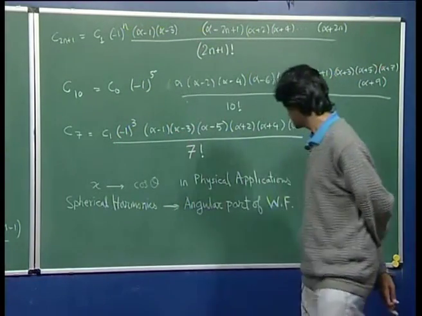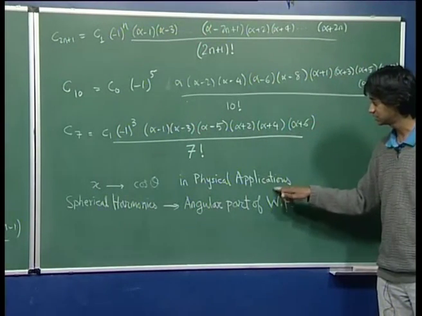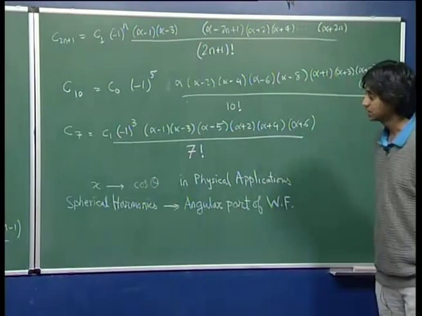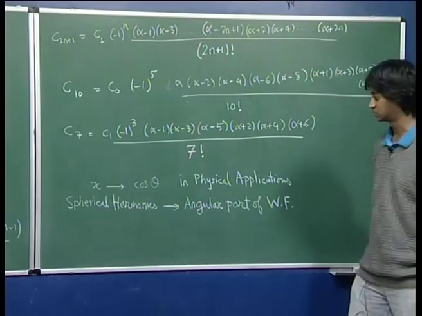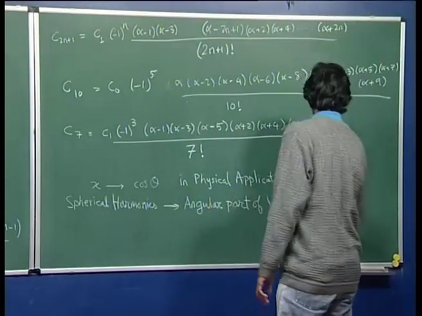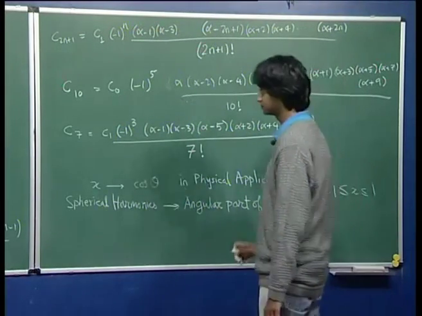Okay. Now, in physical applications, in the spherical harmonics, x corresponds to cos of theta, and so the argument x varies between -1 and +1. So, cos theta is between plus and -1. Okay. So, what this implies is -1 less than or equal to x less than or equal to 1.